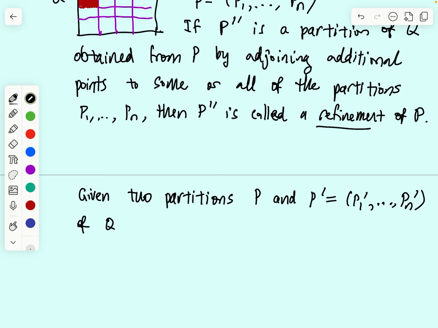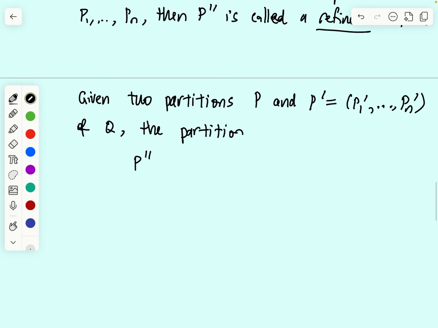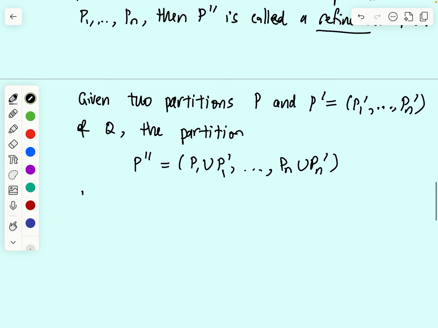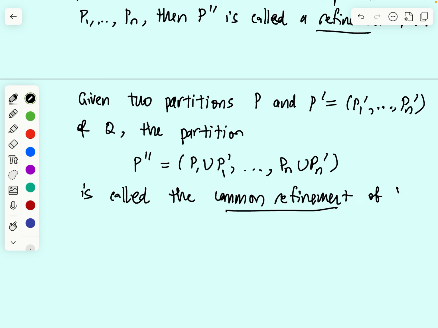Given two partitions of Q, the partition P double prime, which is P1 union P1 prime through Pn union Pn prime, is a refinement of P and P prime. It is called the common refinement of P and P prime.